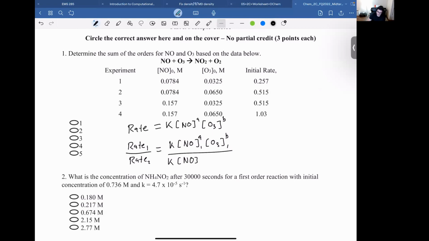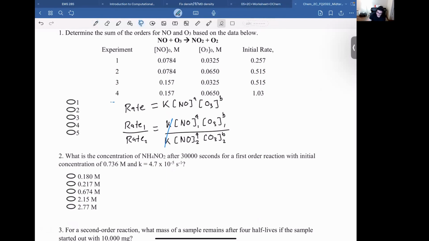It's the same thing, just with whatever that second one is, where the subscripts indicate one experiment of data. The reason you divide these is because you have a system of equations. You want to find A and B. You have a whole bunch of unknowns and things that you measure, and you have K. The only way to make K go away is to divide these equations. So when we do this, the K's are the same and they go away.